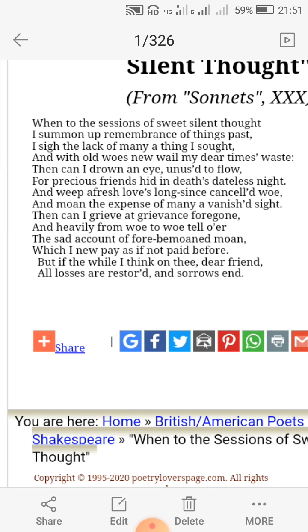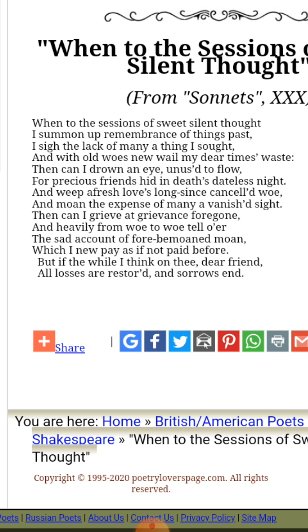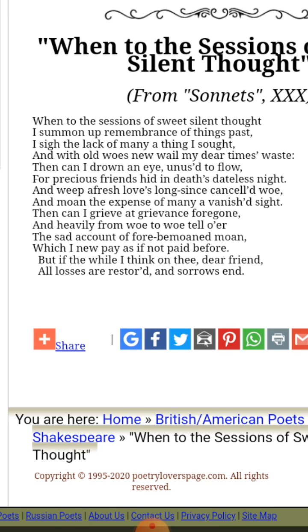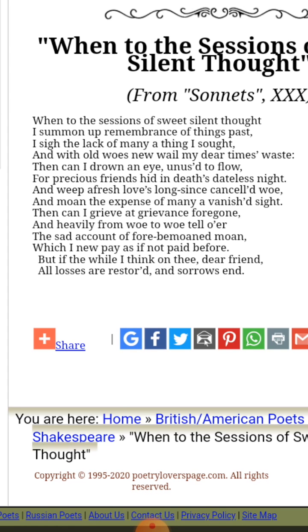He says that when he strays alone, then his mind, his memory goes into the past, and the thoughts which were unsuccessful, which were distressing, come in his mind and make him remember his past failure. I summon up remembrance of things past.